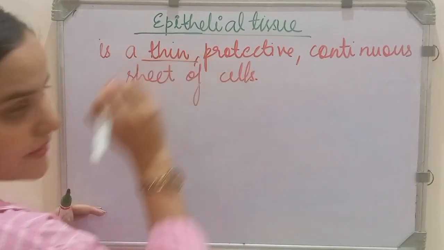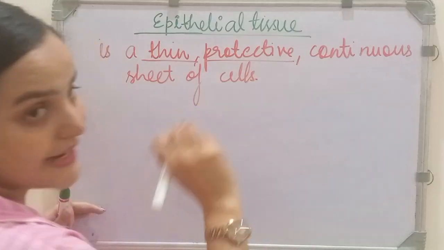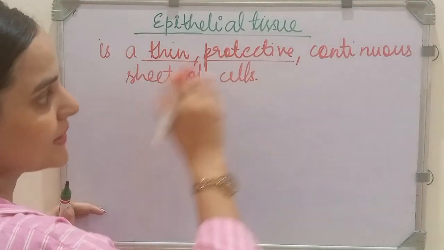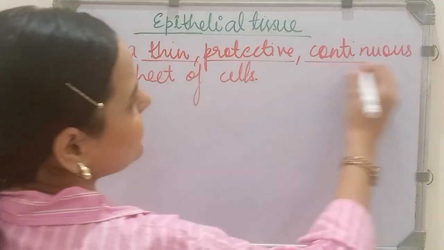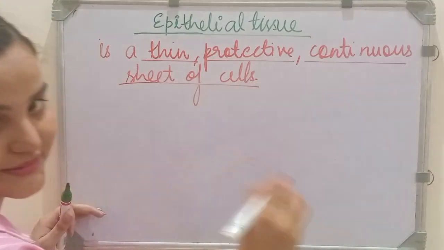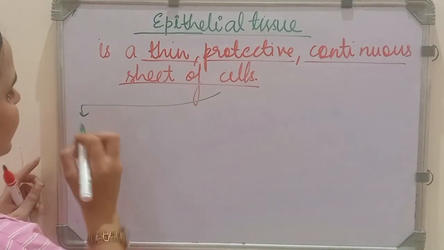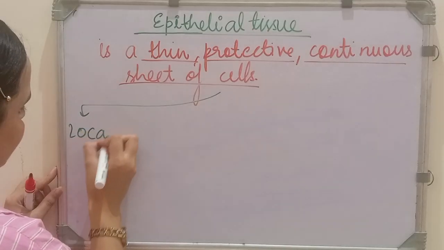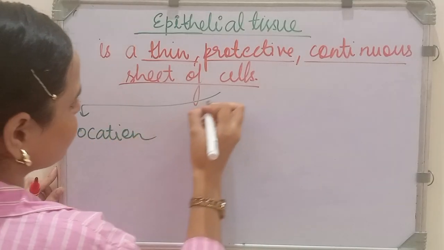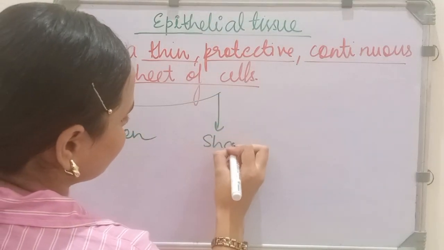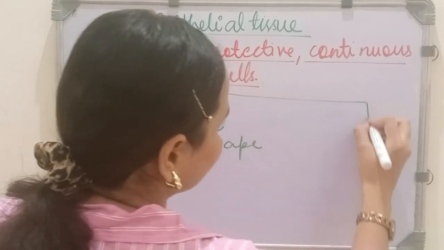So it is thin, okay? It is protective, it has a function of protection. We'll see how they protect us. And it is a continuous sheet of cells. They are continuously arranged. Now let's write about the location of epithelial tissue, shape and its function.